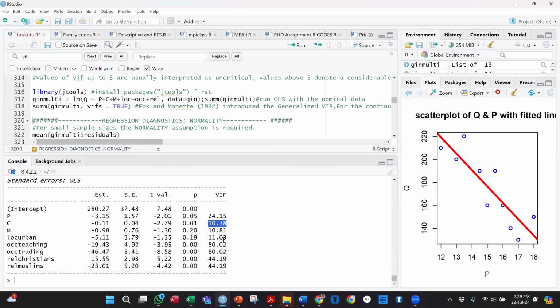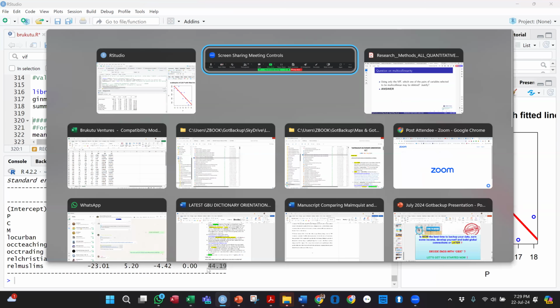If you check M, it is 10.81. RM is 44.19. And therefore, on the basis of this, RM may be deleted. So you can use a VIF to check each independent variable that may be deleted in that regard.